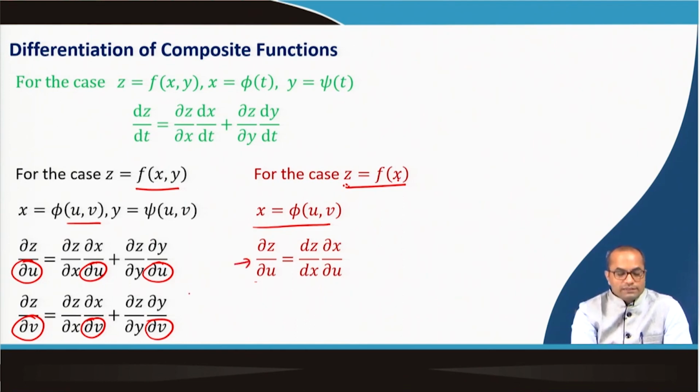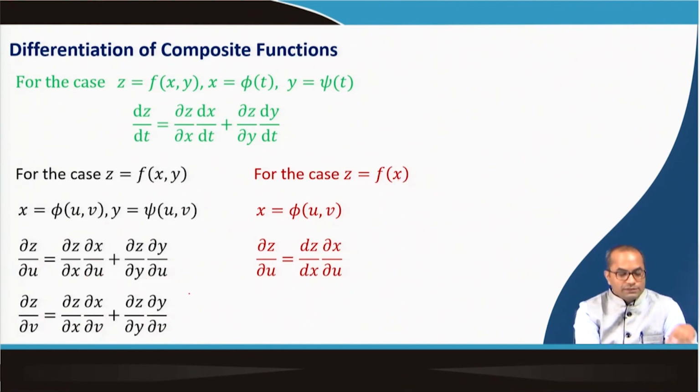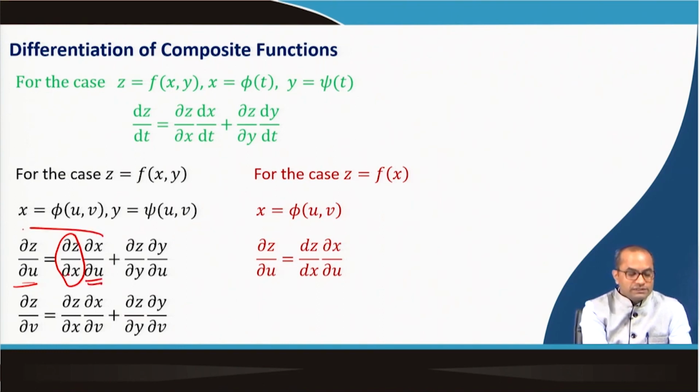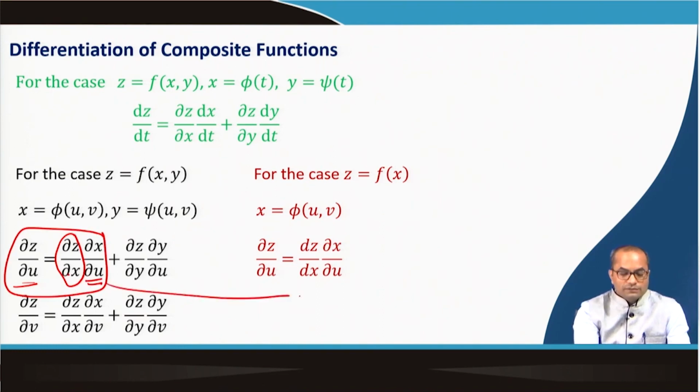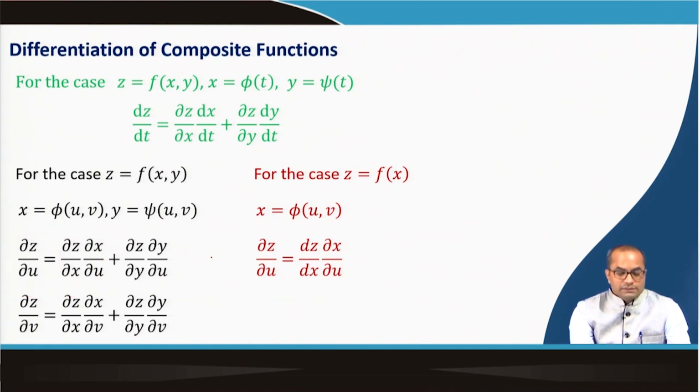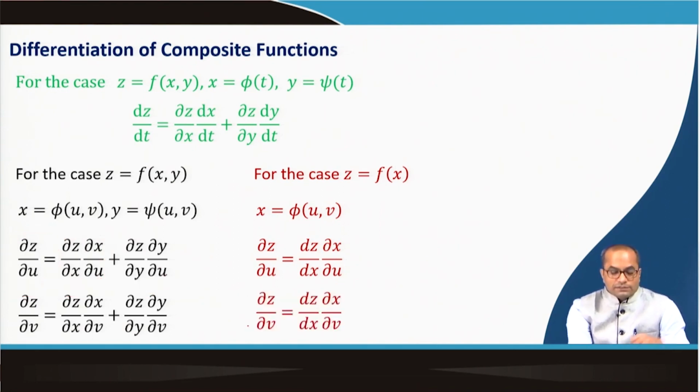From here del z over del u will be not del z over del x, but dz over dx and del x over del u. So, only this part will go here, because there is no y component in this f. Similarly, for del z over del v, dz over dx and del x over del v, because x is a function of two variables, so the partial symbol will come here.